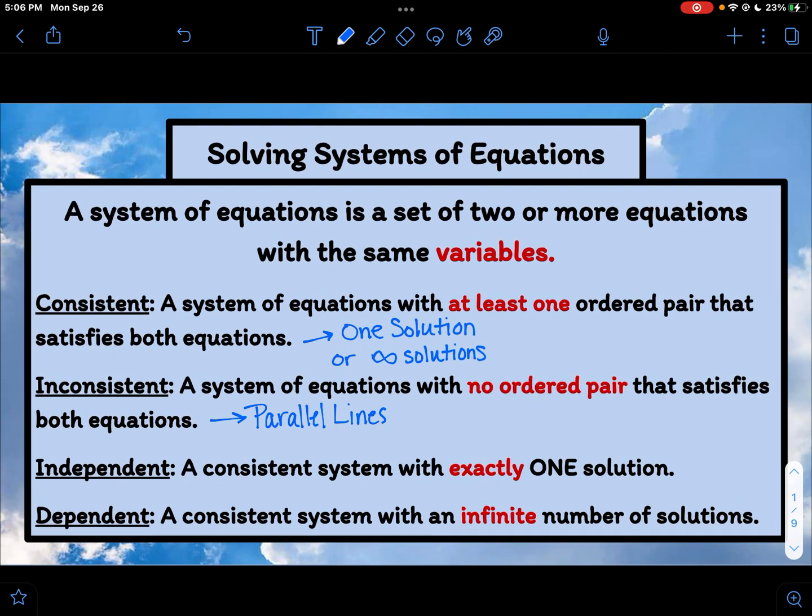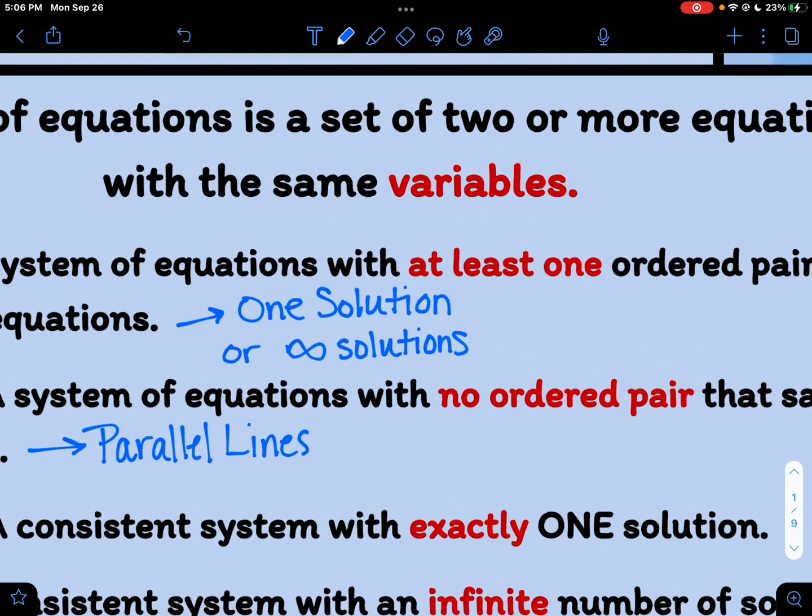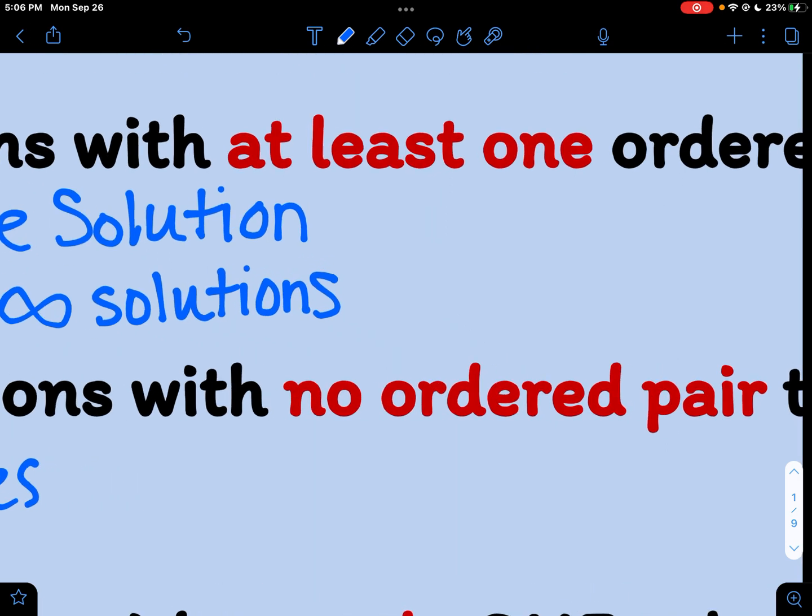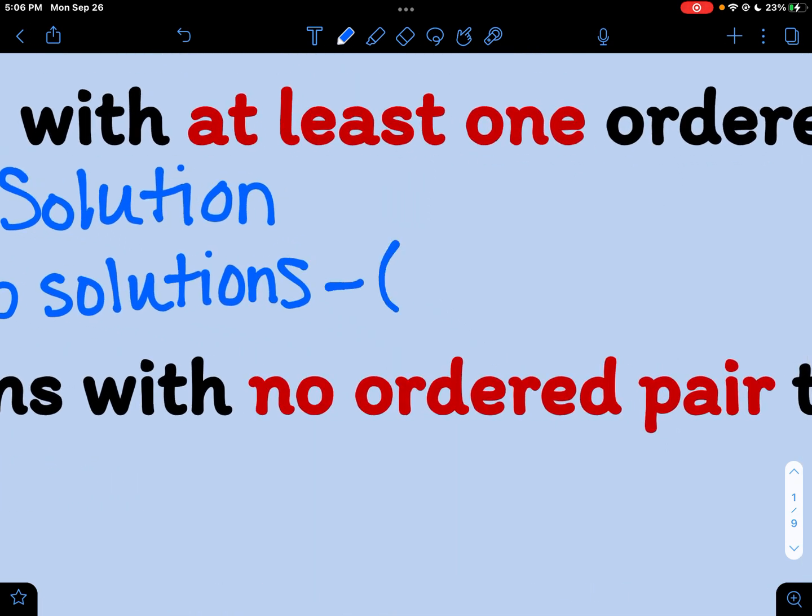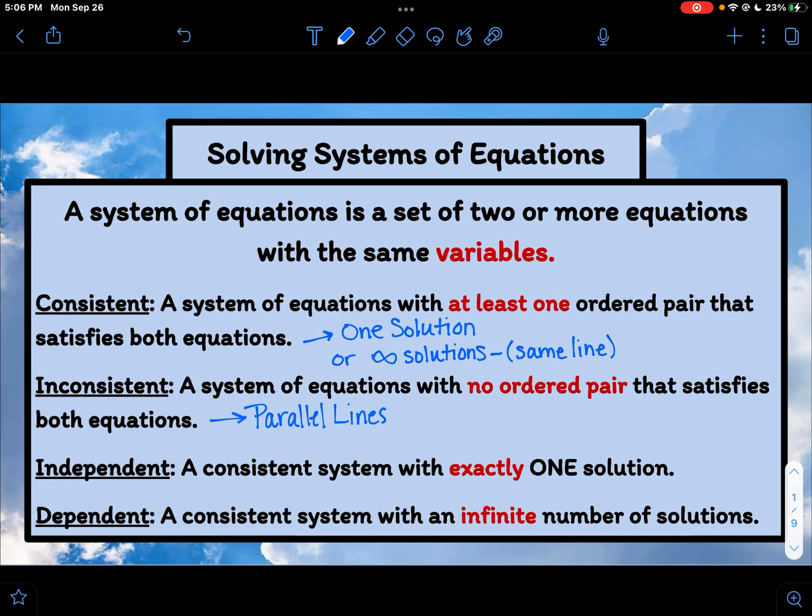And I'm actually going to add something up here. Infinite solutions is also when they are the same line.